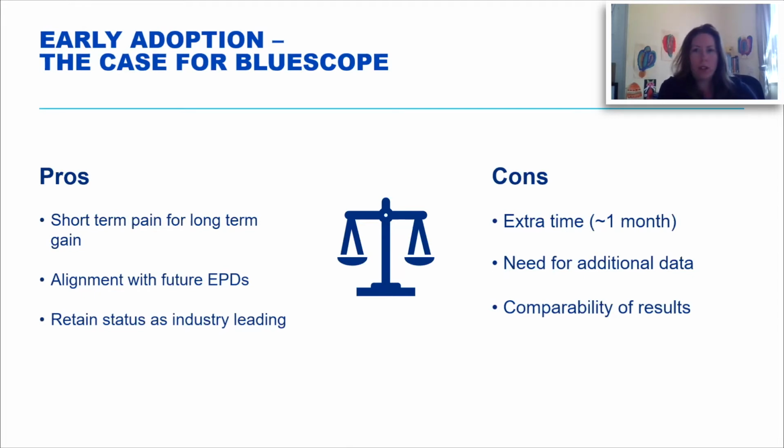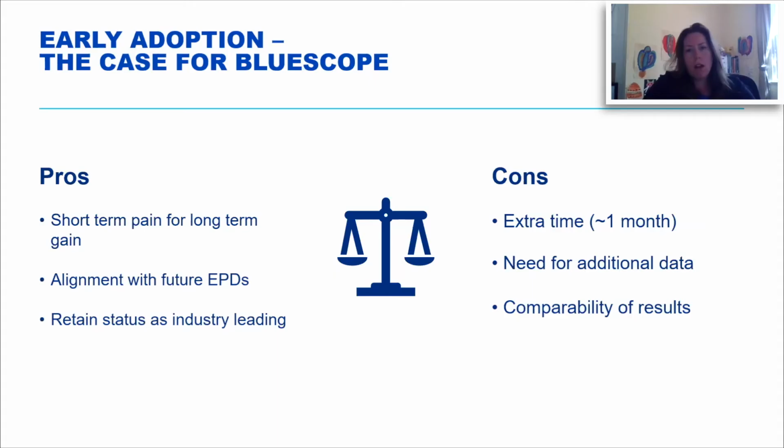In terms of the cons, well, time was the big one. As I said, we were already on our update journey, and we estimated it took us about an extra month. It may well have actually been longer than that when you factor in all the extra data that we needed to collate, and then the extra time that Emily and the ThinkStep team needed to invest. And then the comparability of results was also another factor.